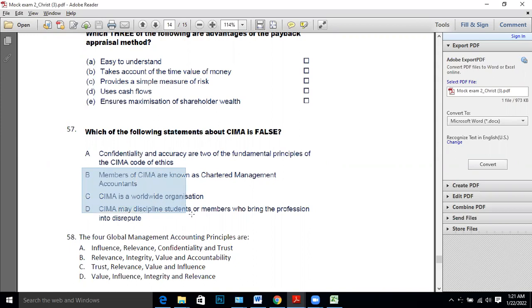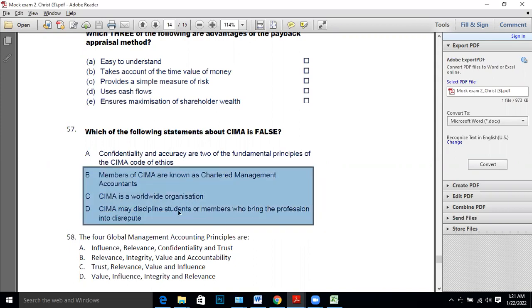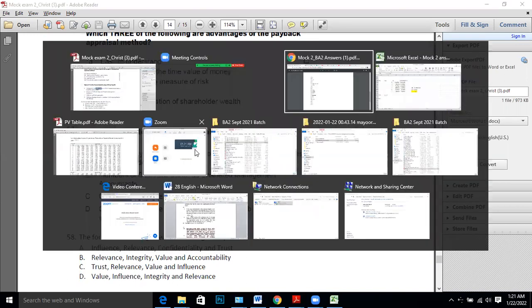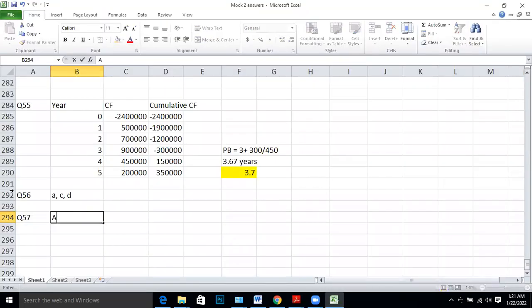So B, C, D are right statements. CIMA is a worldwide organization, yes. CIMA may discipline students or members who bring the profession into disrepute, yes. Accuracy is not one of the basic principles of the code of ethics. They ask which one is false. Answer A. 57 answer A.